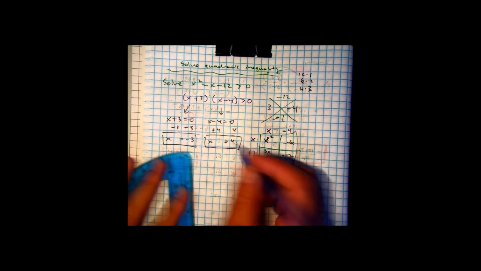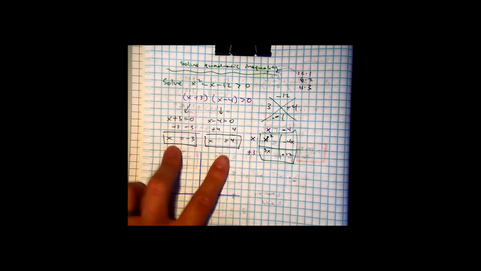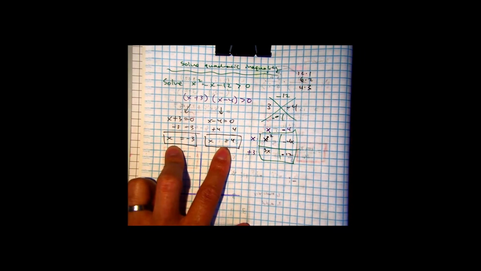Alright, here are some clues. Let's go ahead now and graph this. This is the only new part so far, is graphing it. As I graph it, we just solve for the x-intercepts.